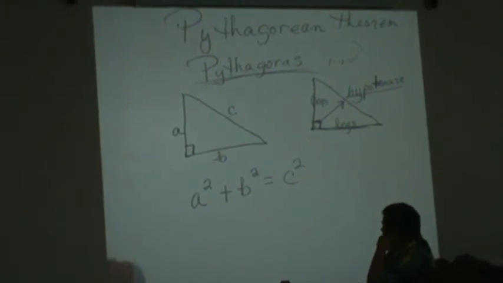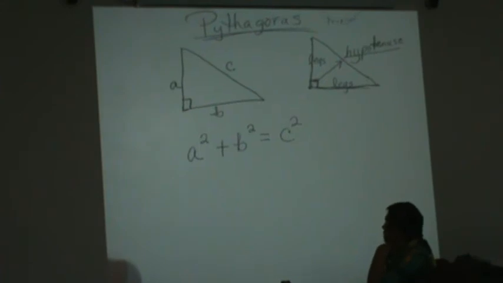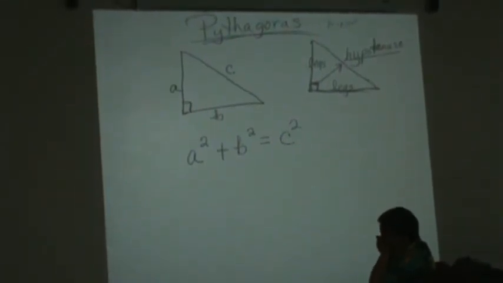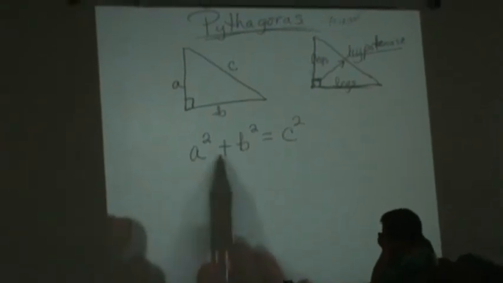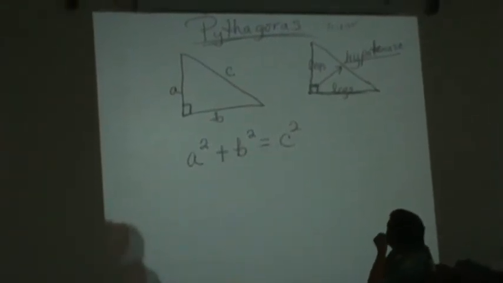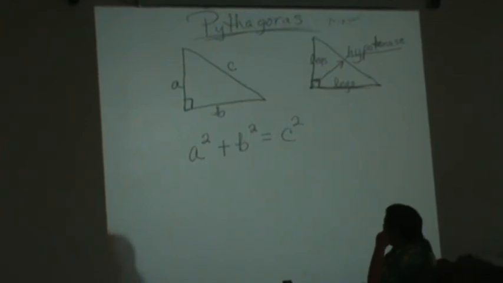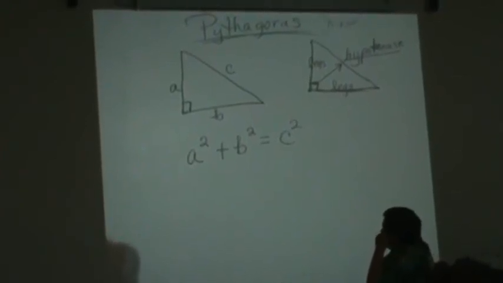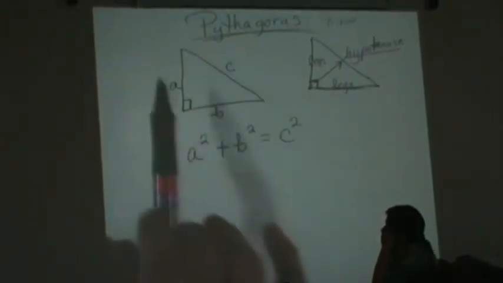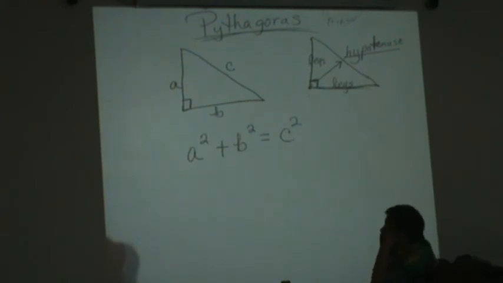You've probably heard that a lot of times, and if you've never seen it before, you didn't know what it pertained to, this is what it pertains to. A squared plus B squared equals C squared. Okay? If you know two sides of a right triangle, you can find that third side. And so that's what we're going to do.